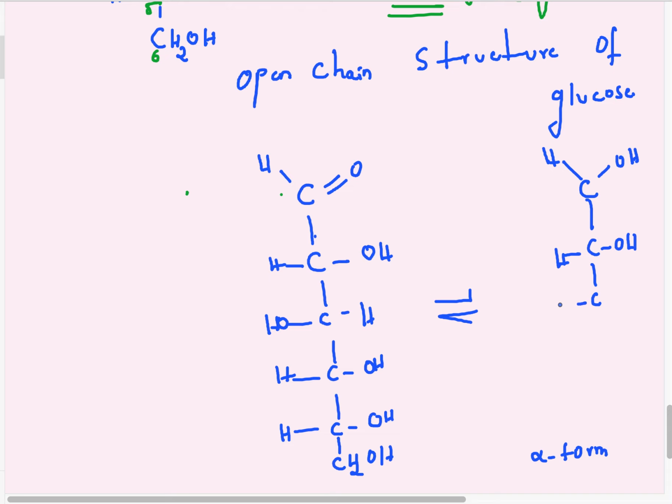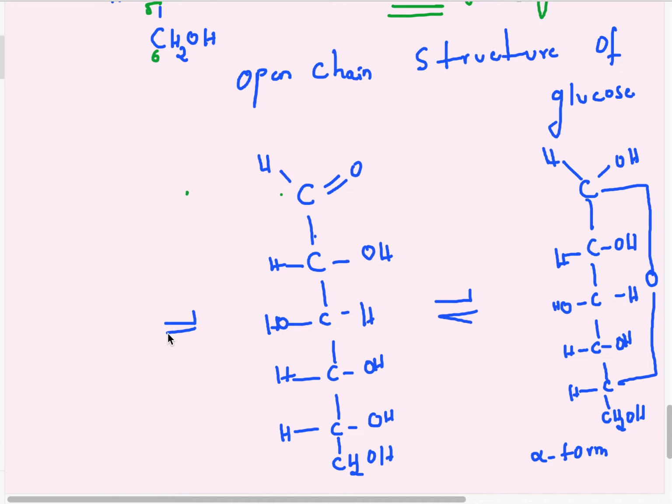First carbon and OH, H, CH group, OH. Yes, this oxygen is connecting. That's it. This is the alpha form.